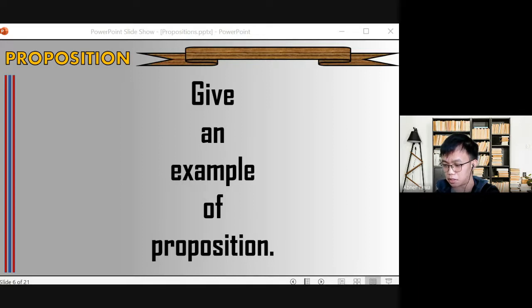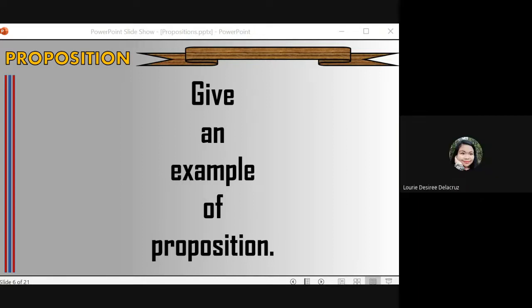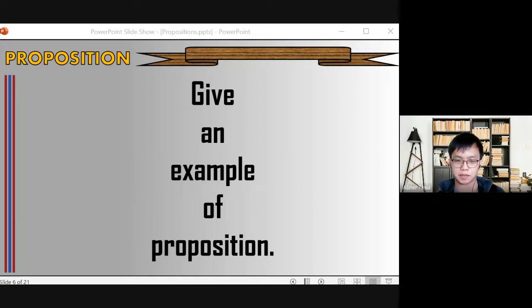Magkasama ba sila sa bahay nila? Sir, no. Sir, magkapit-bahay sila. Yes, sir, kaya mahina. Ay, joke. So maraming absent ngayon. Sino pang absent? Okay, so let's proceed.